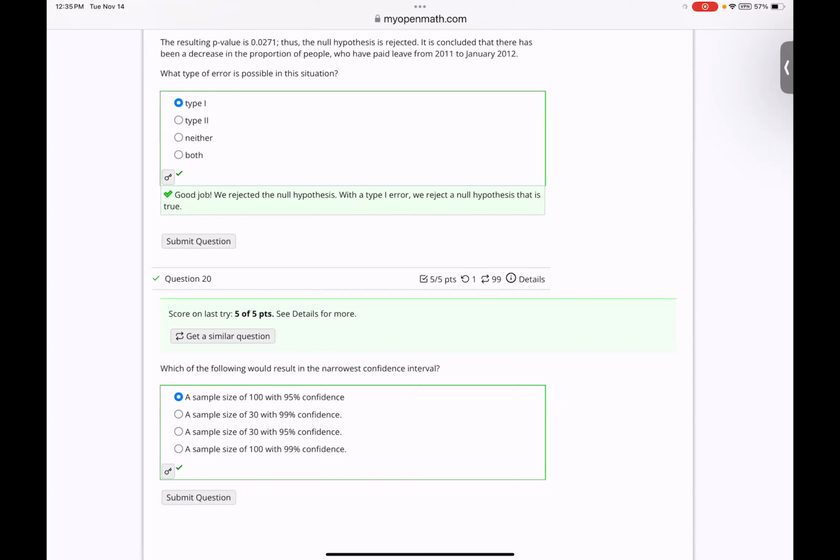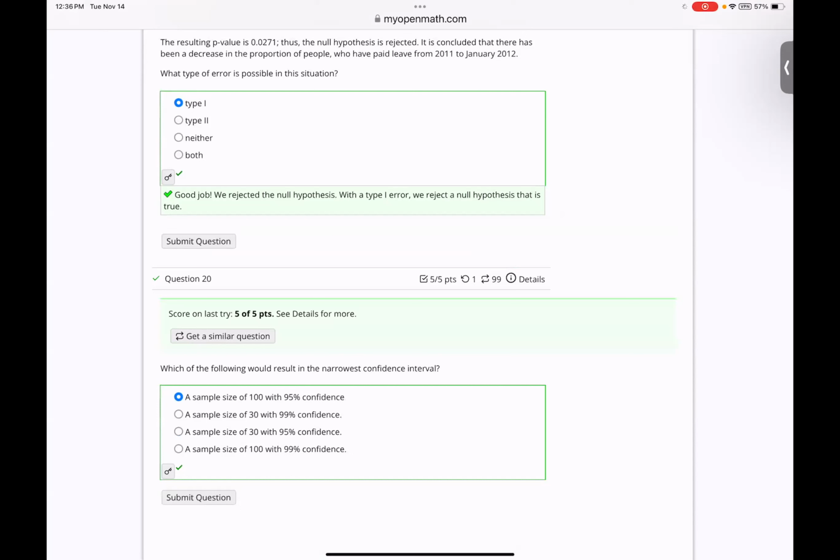Well, if you remember from the formula we wrote down just a little bit ago, the error bound of the mean is found by taking z, multiplying that times sigma, and dividing that by the square root of n. So what gives you the narrowest confidence interval would be the biggest sample size. So you have two, the first choice and the last choice, that have the largest sample size.